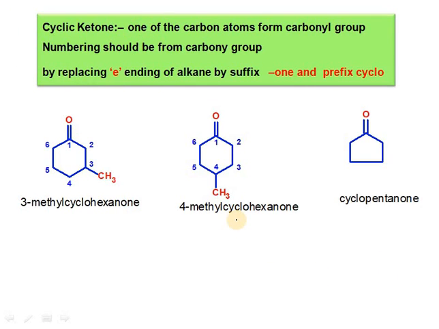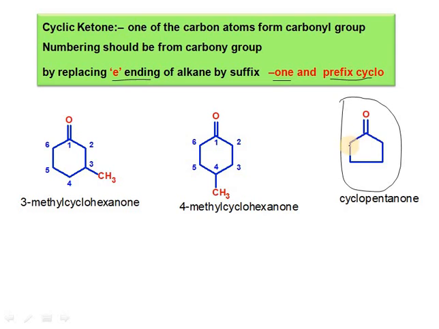Next molecule we see is a cyclic ketone. In a cyclic ketone, one of the ring carbon atoms is the carbonyl carbon. Numbering should start from this carbonyl group, replacing E by the suffix ONE and adding the prefix cyclo. For example, we have taken this molecule.